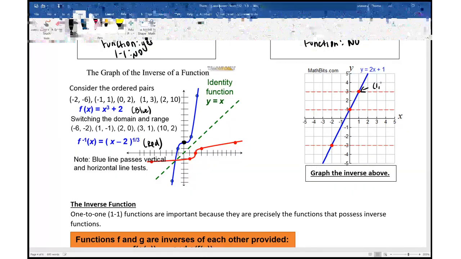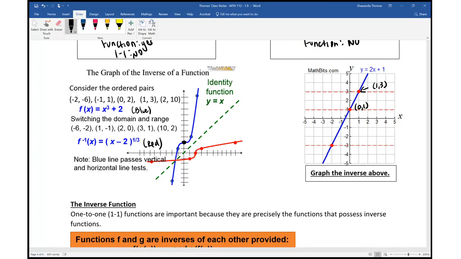So let's just go with it. 0, 1, and this one is -2, -3. So our inverse function will have the points, what? 3, 1, 1, 0, and -3, -2, for example.